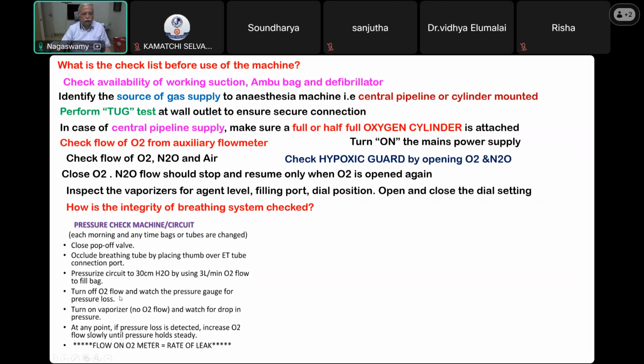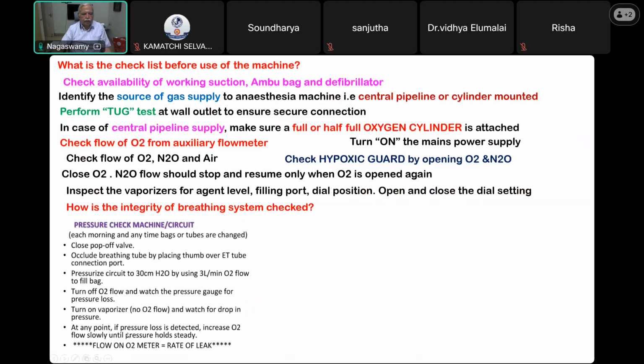Then close the oxygen flow completely and watch the pressure gauge for pressure loss. So if it starts decreasing from 30, say 28, 26, 24, that means there's a leak. It is not holding. And then turn on the vaporizer with no oxygen flow, watch for drop in pressure.